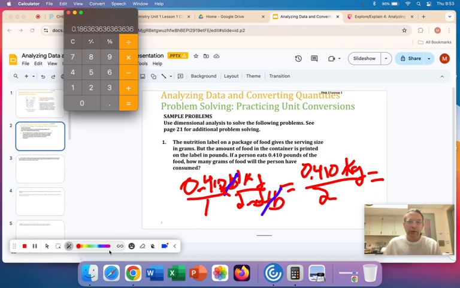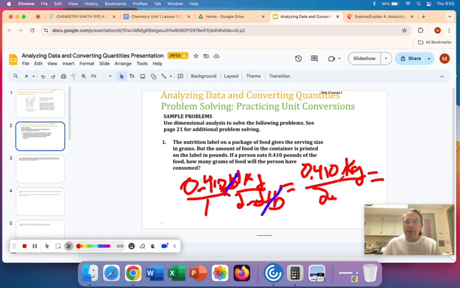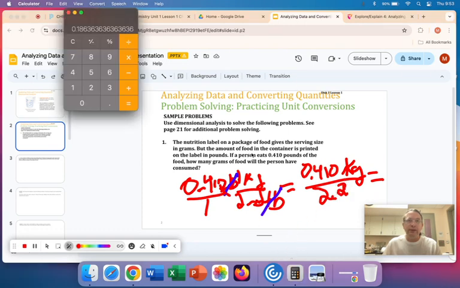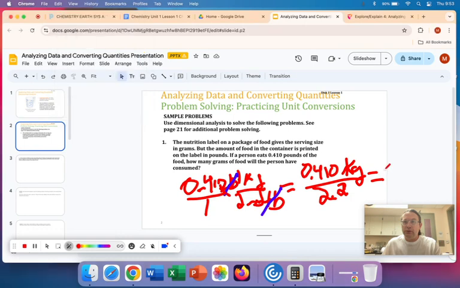Okay, so 2.2. Let's check. This should have been 2.2. And my answer was 0.186. 0.186 kilograms.